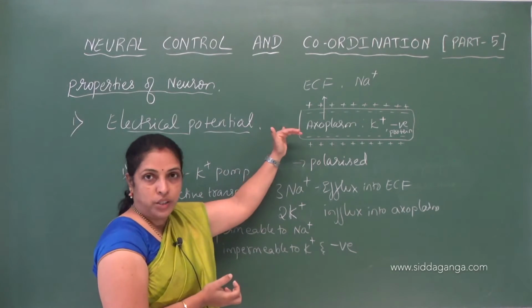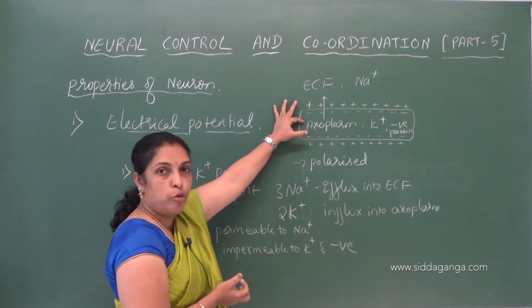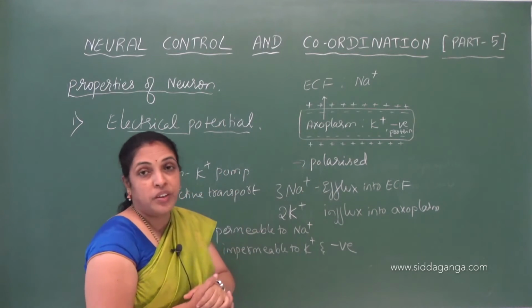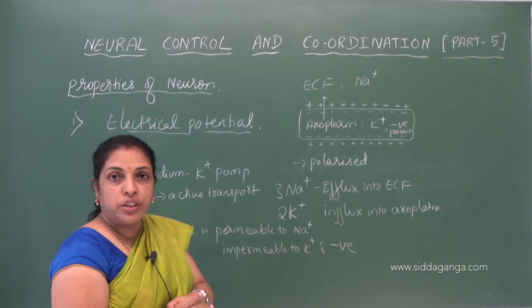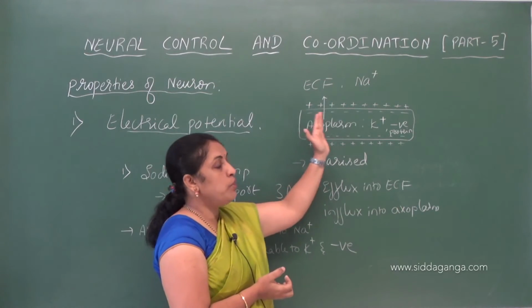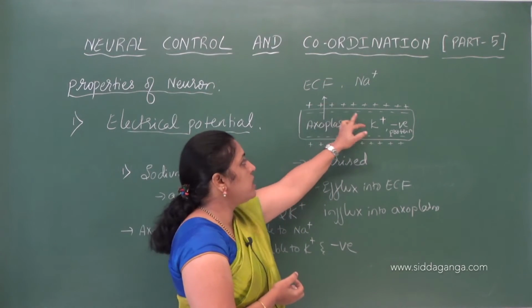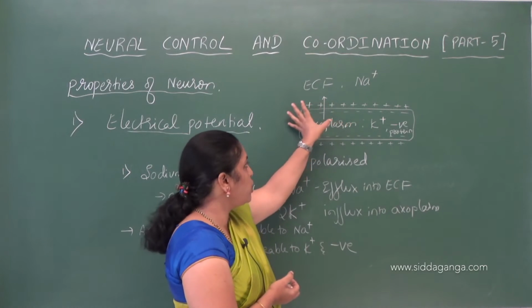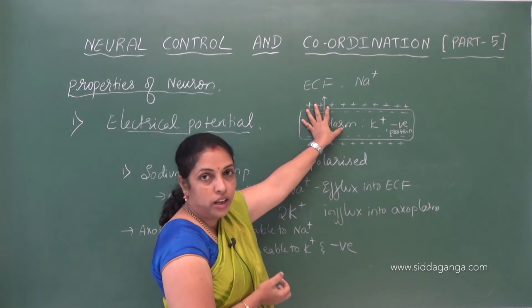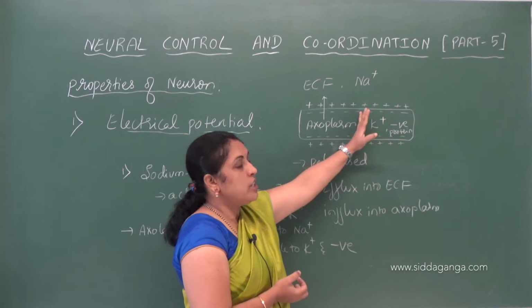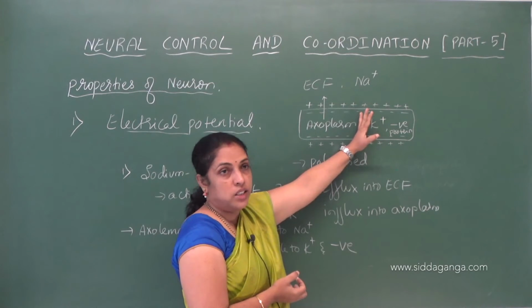When we apply a stimulus, we see reversal of polarity that helps in generation of action potential. When the stimulus is applied, the applied area is depolarized, and the adjacent area is still polarized.